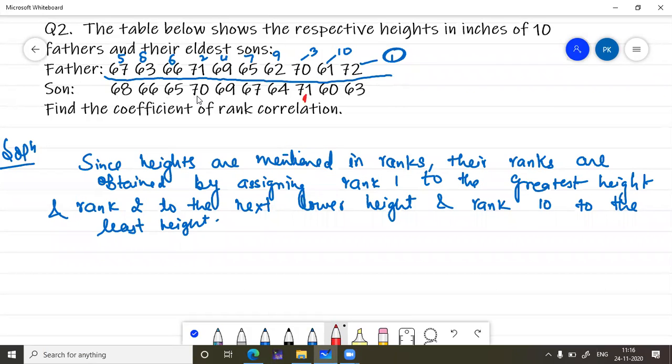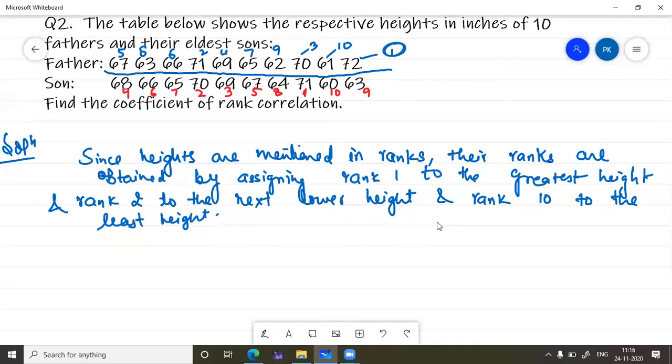After that 70, so it's 2, 69 is 3, 68 is 4, and then 67 is 5. After 67 comes 66, which is 6, then 7, 64 gets 8, 63 gets 9, and 10. So in this way we have assigned ranks to the heights.